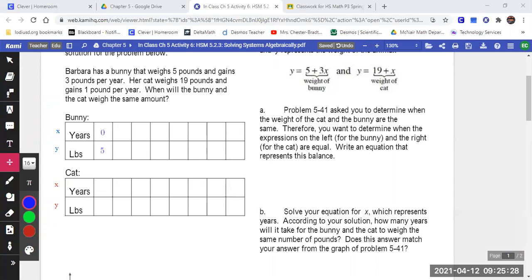So now we're on year 1. A year has passed. How much does the bunny weigh now? What does it say the bunny grows? What's its growth?